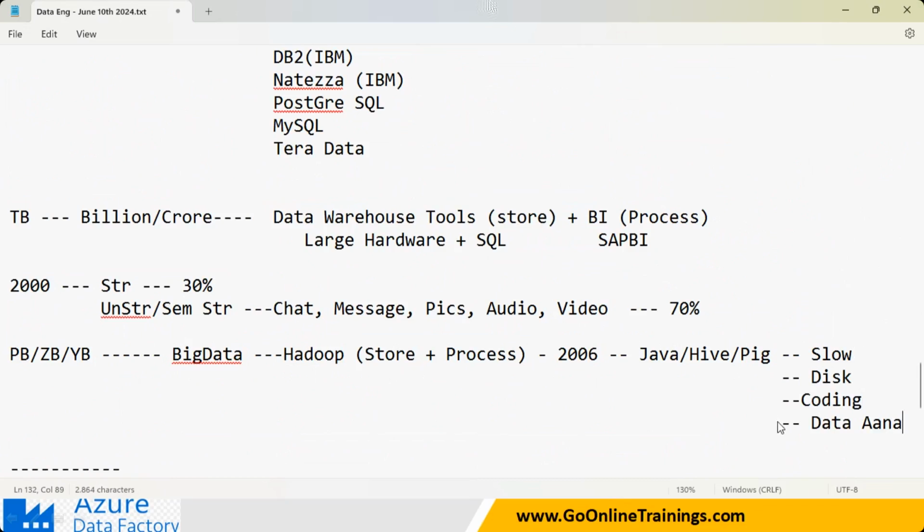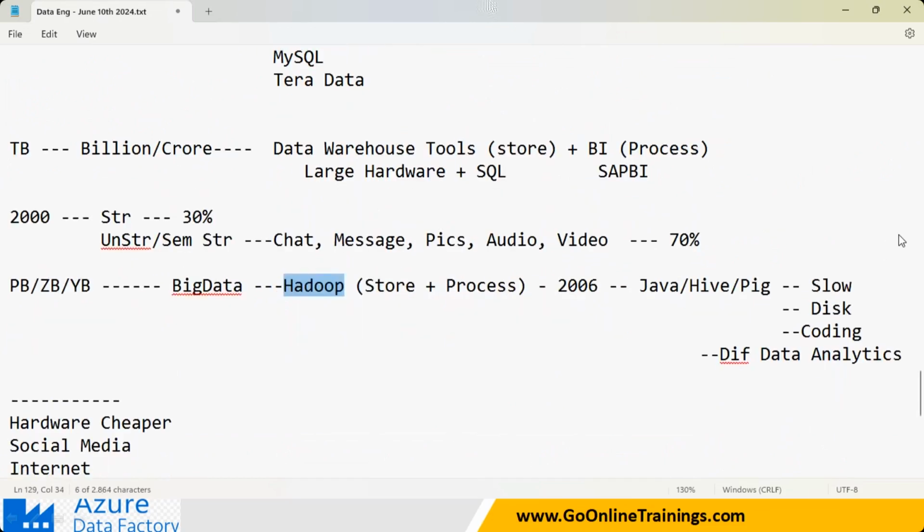You will not be able to create data analytics very easily. It is difficult to implement data analytics, and that is the biggest issue, along with the slow disk, and it stores the data into the disk with coding. So people again started asking, okay, with Hadoop we are somewhat able to store the data, but what next? That is the question they asked. What next? This is not the story.